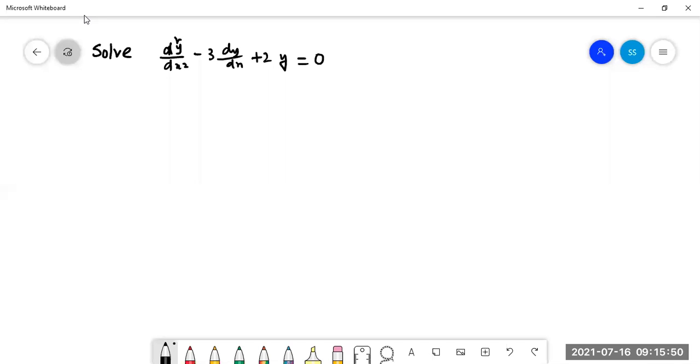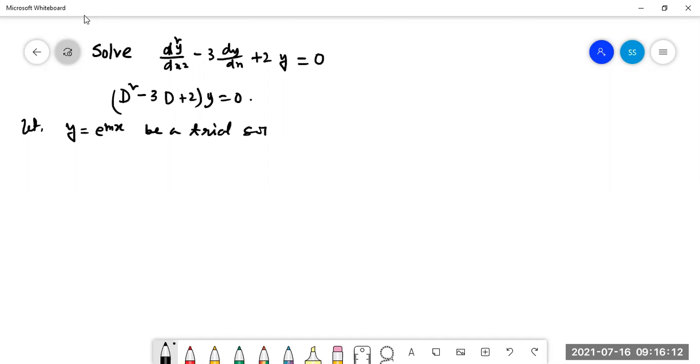This is the given differential equation. So it can be written as (D square minus 3D plus 2) into y equal to 0. So let y equal to e to the power mx be a trial solution of 1.